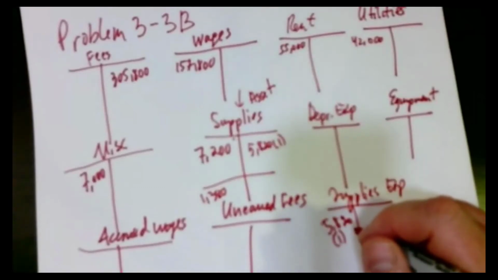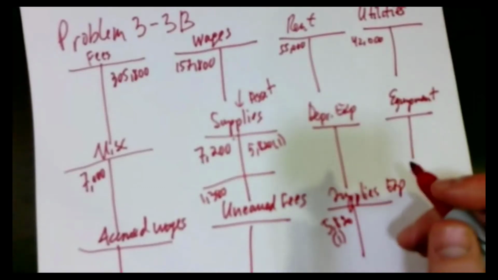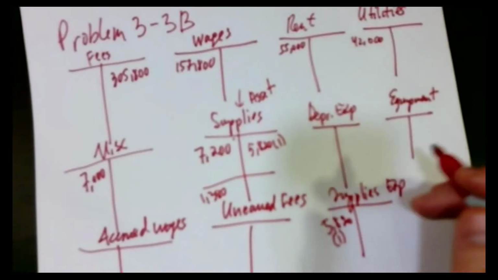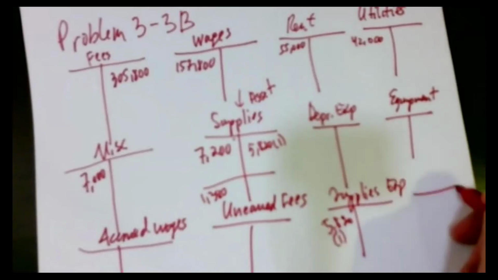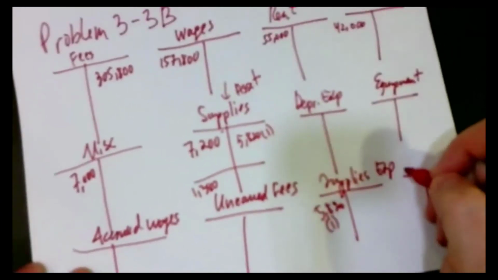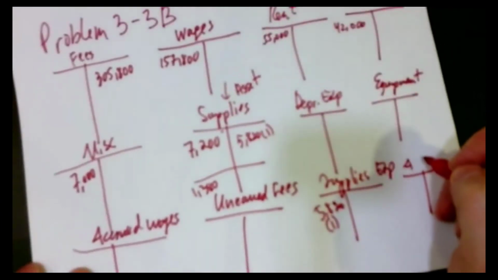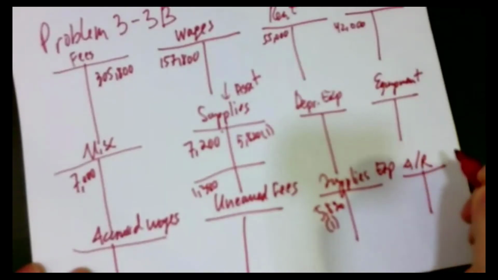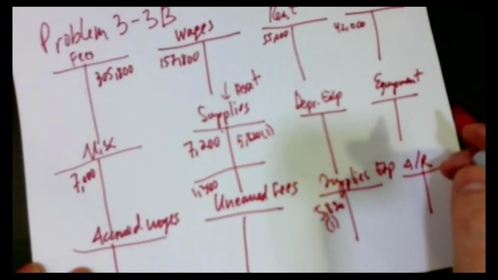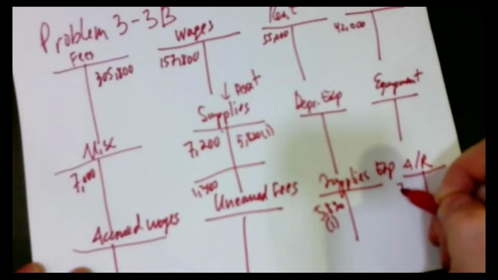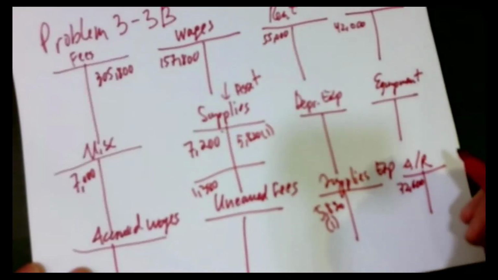Then you have fees earned but unbilled of 3,900. That basically means that they provided some services but didn't bill for them. So they need an account. We have an accounts receivable account here, with a starting balance according to the books of $72,600.